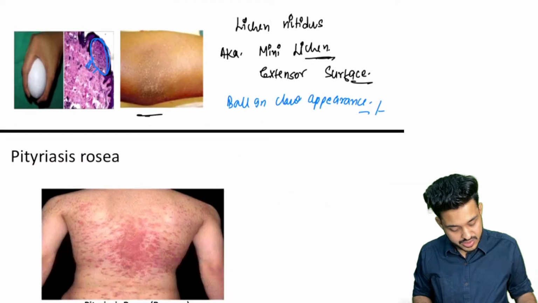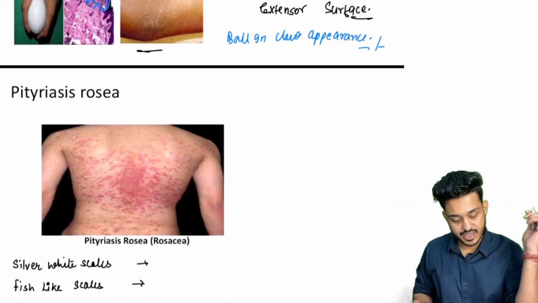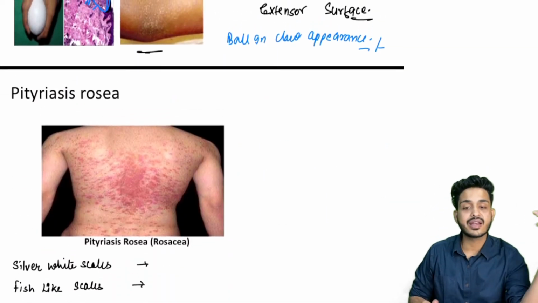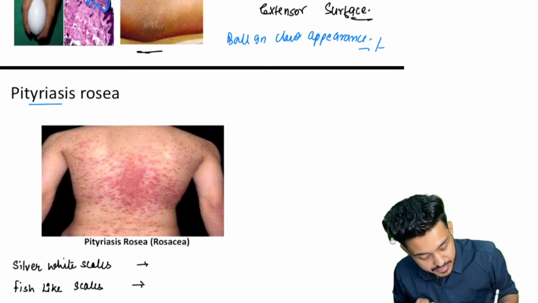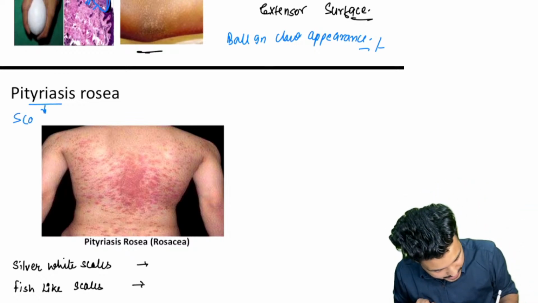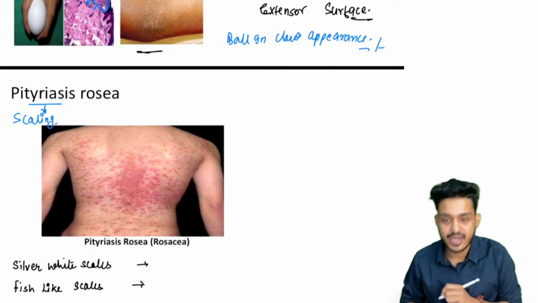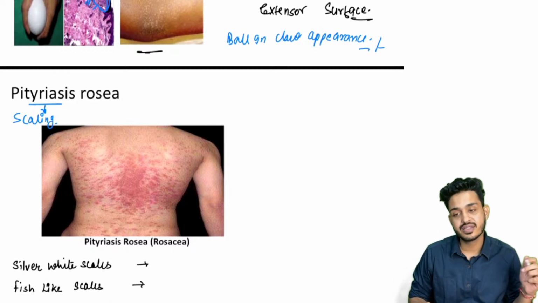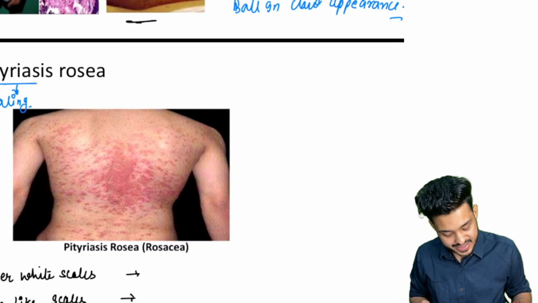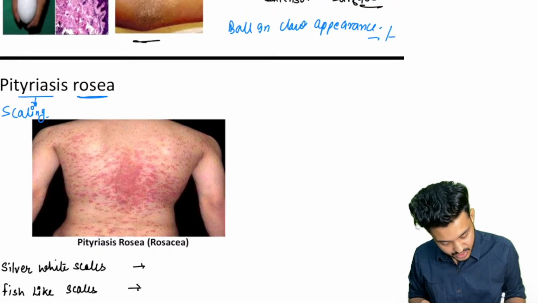Now let's talk about pityriasis. The meaning of pityriasis is scaling. What you will see here is pityriasis rosea.